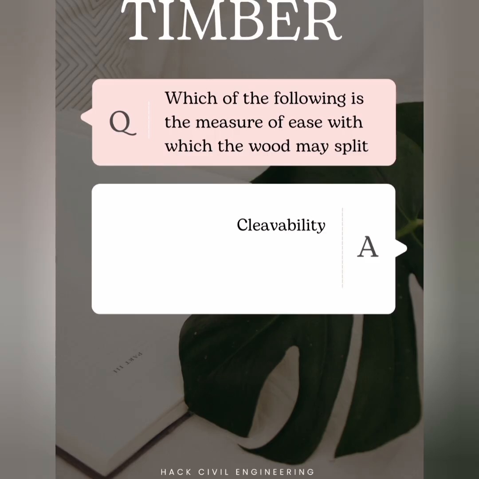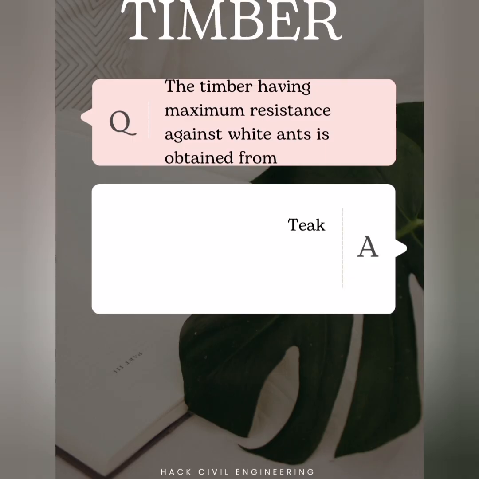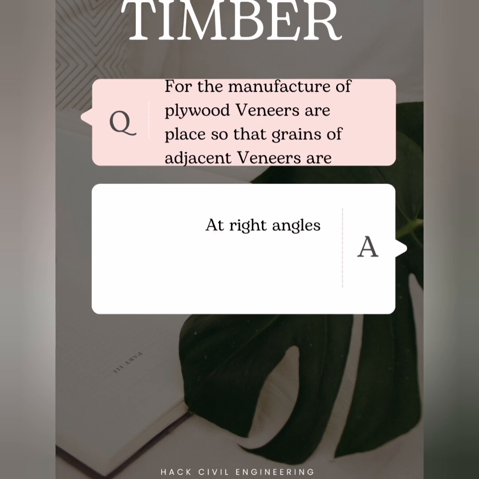Cleavability. The timber having maximum resistance against white ants is obtained from teak. For the manufacture of plywood, veneers are placed so that grains of adjacent veneers are at right angles.